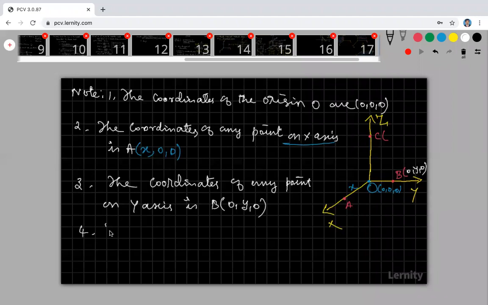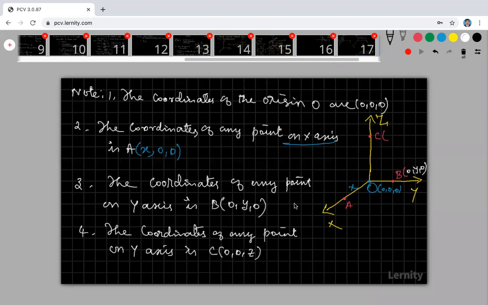Okay, so the fourth one: the coordinates of any point on the z-axis is C of 0, 0, z. This is my x, 0, 0. Okay, students.